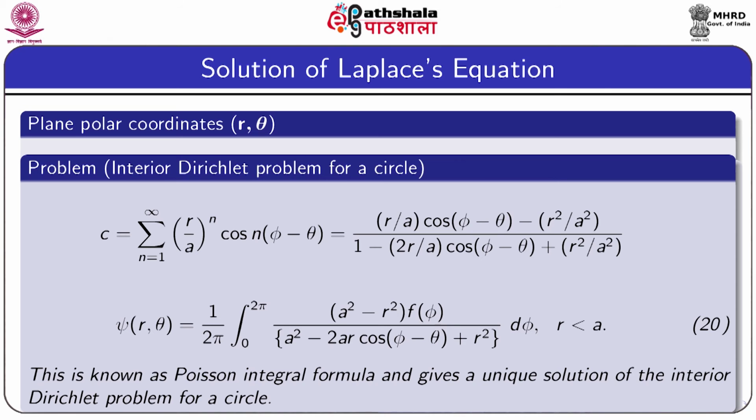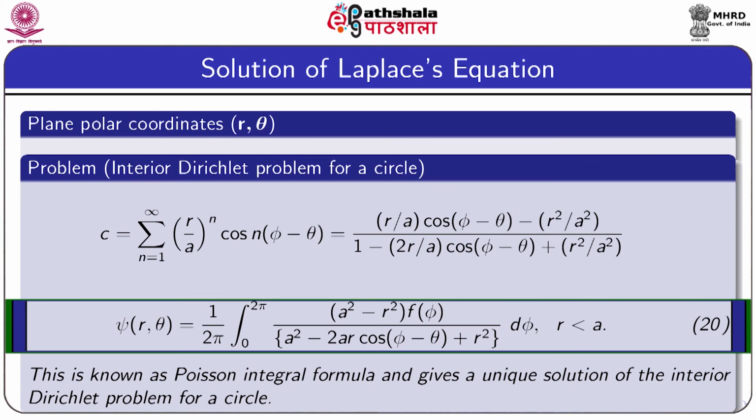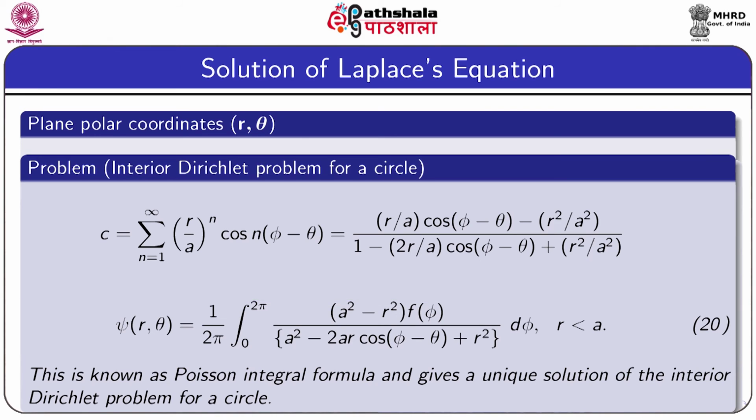Therefore, the solution psi becomes 1 by 2 pi integration over 0 to 2 pi a square minus r square f phi by a square minus 2 a r cos phi minus theta plus r square d phi, where r is less than a. This integral is known as Poisson integral formula, and this gives a unique solution of the interior Dirichlet problem for a circle.